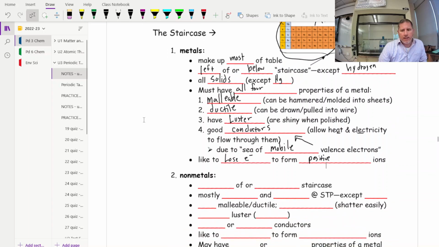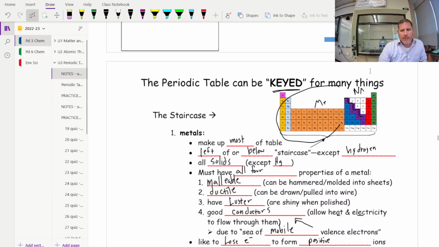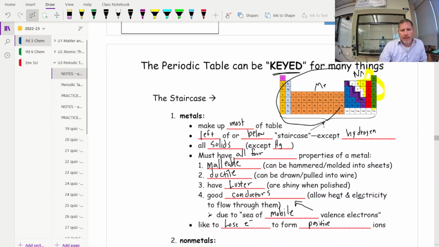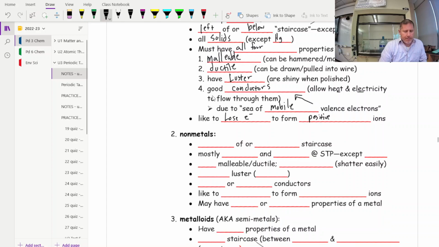Now, if we take a look at the other part of the periodic table over here, let me just turn on the highlighter. This area here, I guess it doesn't come out perfect, but those are the nonmetals above the staircase, and they have certain properties too, but they have more variety. So first of all, where are they on the periodic table?